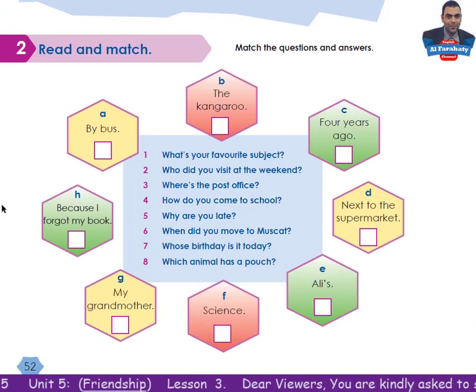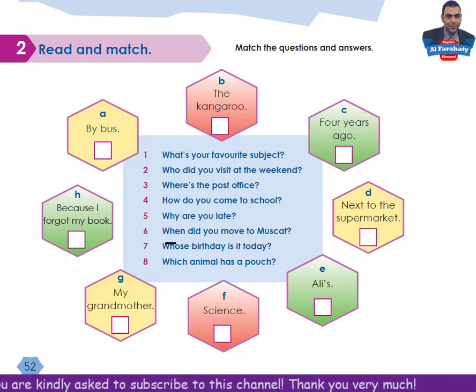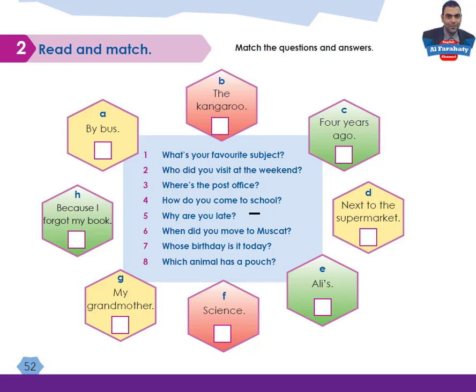Activity 2. Match the questions and answers. You have here 8 questions. Let's read them. What's your favorite subject? Who did you visit at the weekend? Where is the post office? How do you come to school? Why are you late? When did you move to Muscat? Whose birthday is it today?